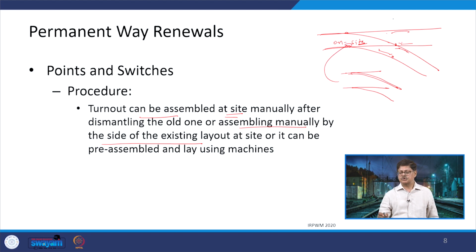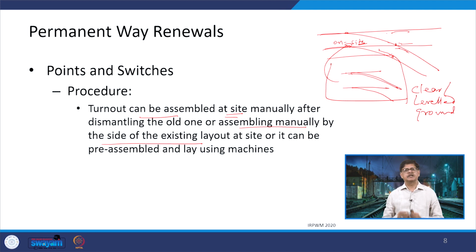That means that much portion will be taken out and we will place it there. But when we are doing this assembling on the side, you require clear and leveled ground. If adequate space is available, then only this is possible, that we make a replica of the turnout and then use it.